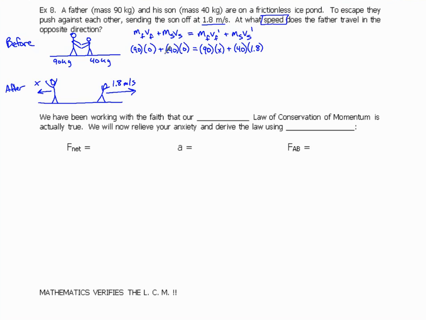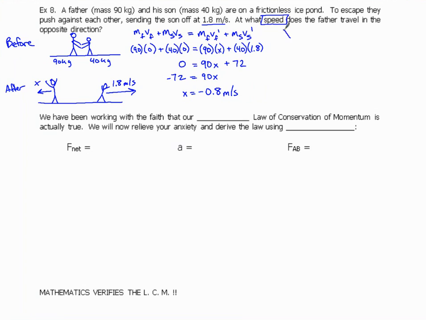So initially, the momentum is 0 for both of them. After the fact, we have 90x for the father, and we have 72 for the son. Solving for x, x is 0.8 meters per second in the opposite direction.